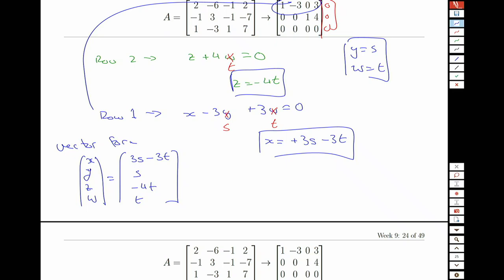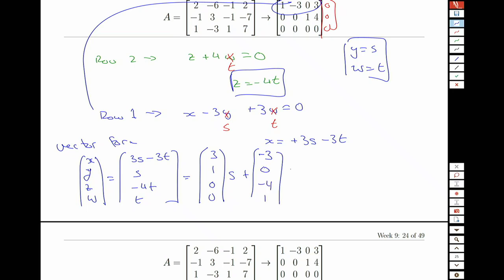So just literally putting the pieces together into a vertical stack in the right order. That's the key thing. But that is equal to a vector of 3, 1, 0, 0 times s plus negative 3, 0, negative 4, 1 times t.